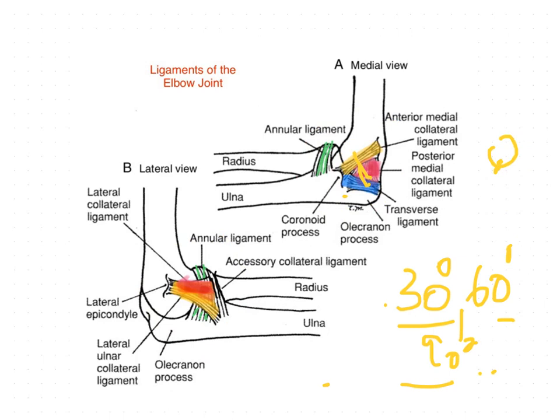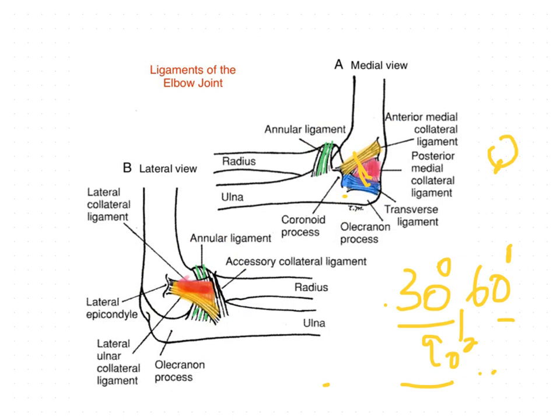So even though the anterior capsule and radial head have some contributions to medial joint stability, if the anterior bundle is cut, these structures are not able to provide stability against valgus stress. So this is about the anterior bundle of the medial collateral ligament.